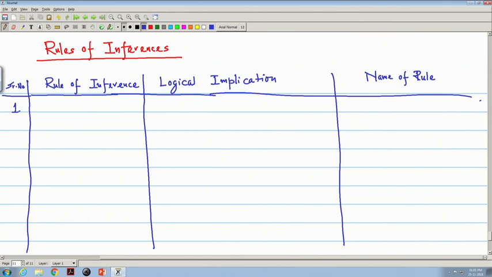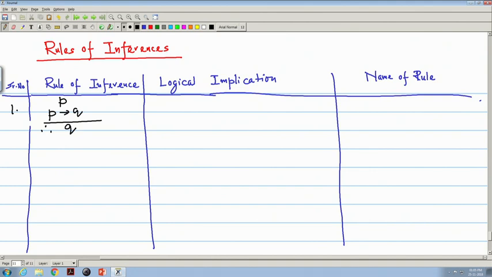The first one we have seen is P and P implies Q. This is the convention of writing that, therefore, the result is Q. And what is the logical implication?